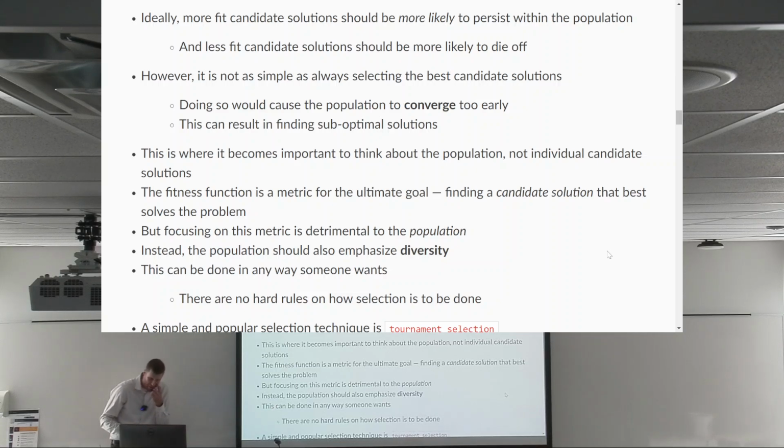So this is where it's important to think about the population, not individual candidate solutions. If we're using an evolutionary algorithm, I want to find the best answer I can for the problem. But yes, individual candidate solutions are being evolved over time in the population.